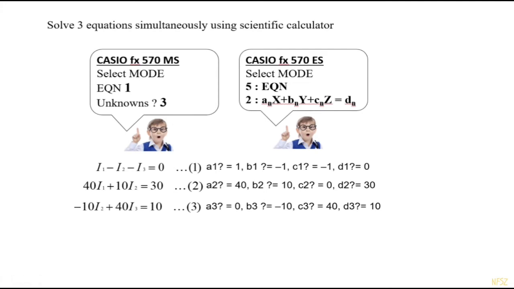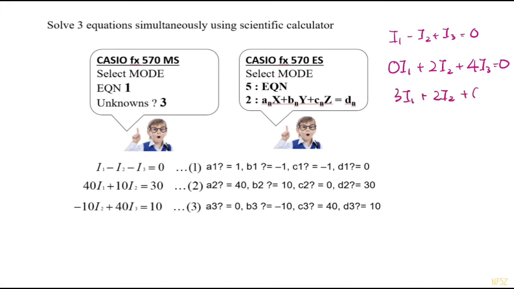So saya tulis balik equation: tolak I2 tambah I3 sama dengan kosong, dan kosong I1. Kenapa tulis kosong ni? Supaya senang lah, awak tahu nak tekan apa untuk I1. Dan kena susun ikut I1, I2, tambah kosong I3 equals to negative 6.